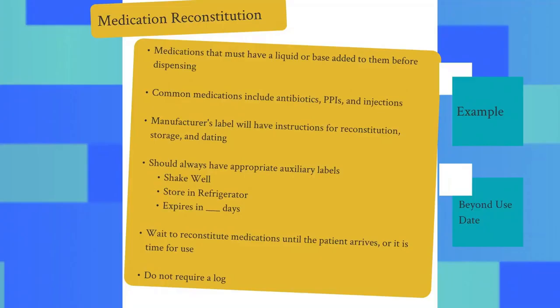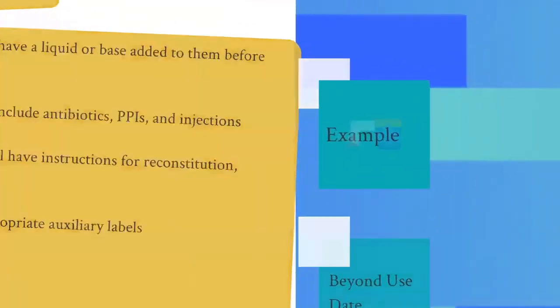And they should always have appropriate auxiliary labels added to them. So this includes shake well, store in the refrigerator, and then how many days it expires in. With this being said, since it does expire in X amount of days, you're going to want to wait to reconstitute these medications until the patient arrives to pick it up or it's time for use. And these do not require a log like compounded medications.